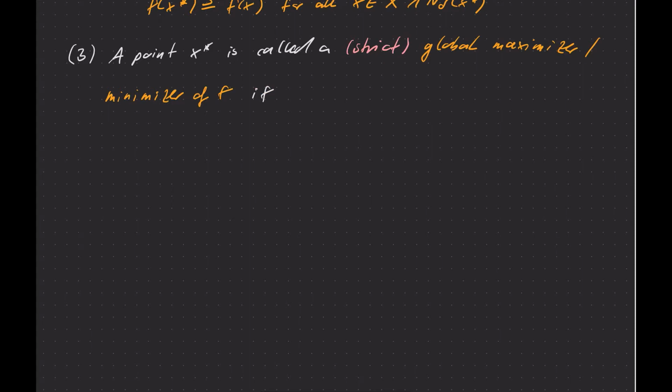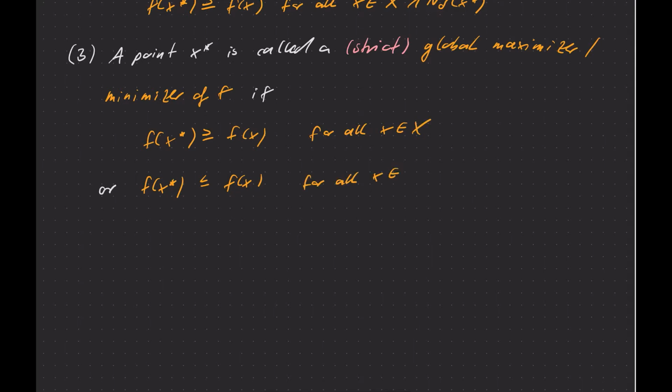For the maximizer, we want f of x star to be greater or equal to f of x. For the minimizer, we want f of x star to be less or equal to f of x. And again, these have to hold for all x in X. So this time we don't need a neighborhood.